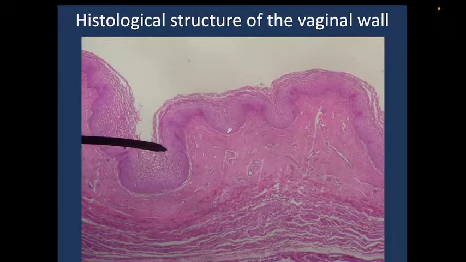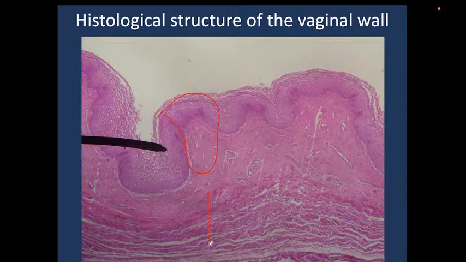Here you see the histological structure of the vaginal wall. On this slide we see the 3 layers of the vagina, consisting of the mucosa. Here is the mucosa, and all of this is mucosa.